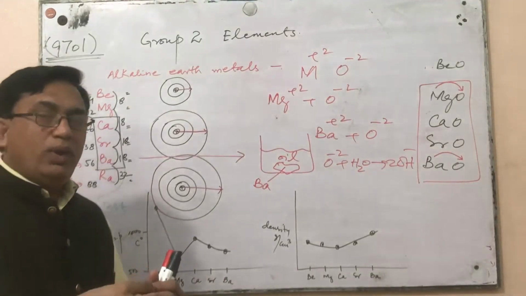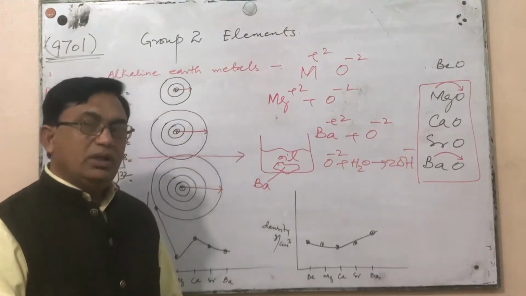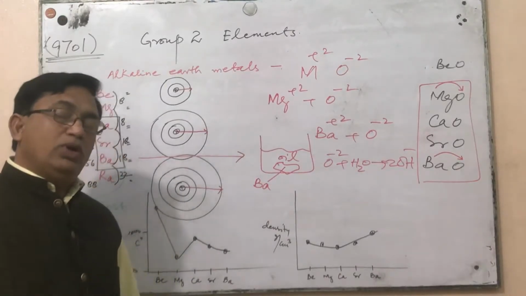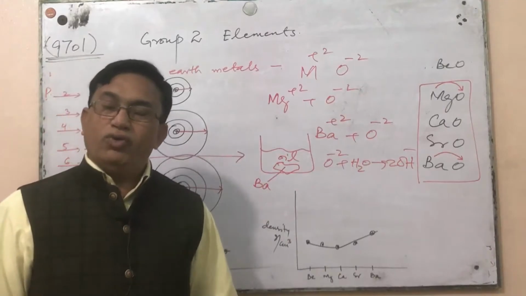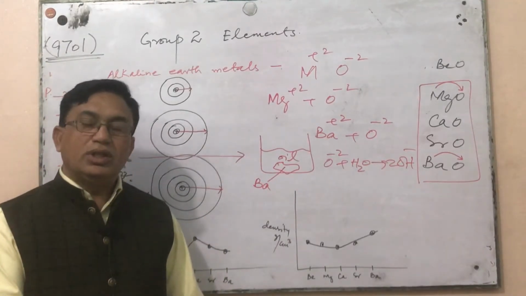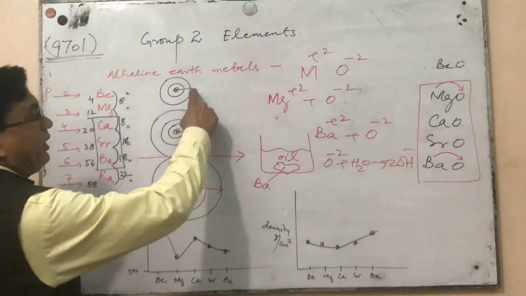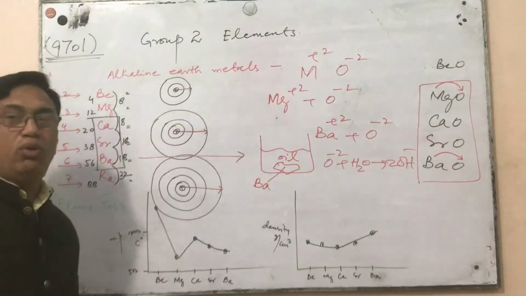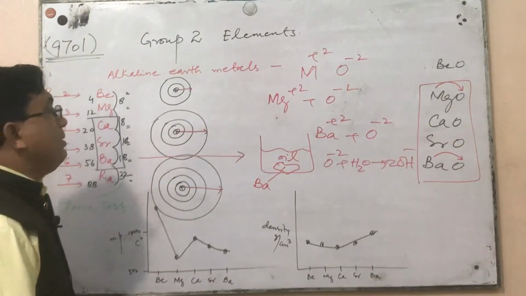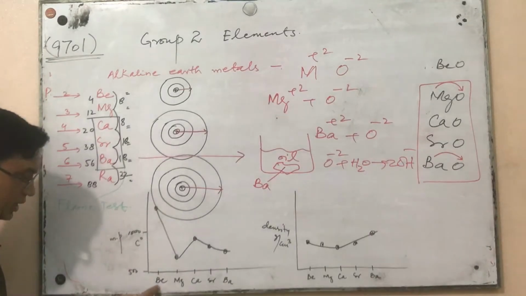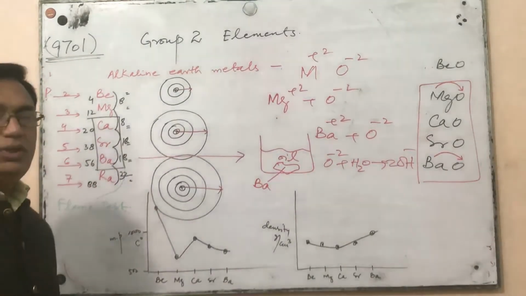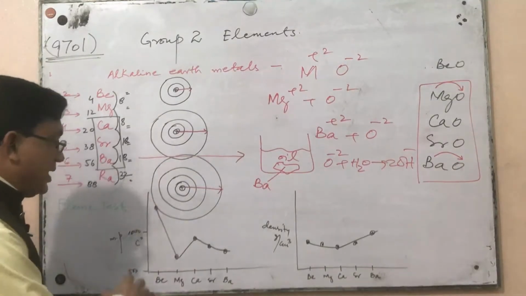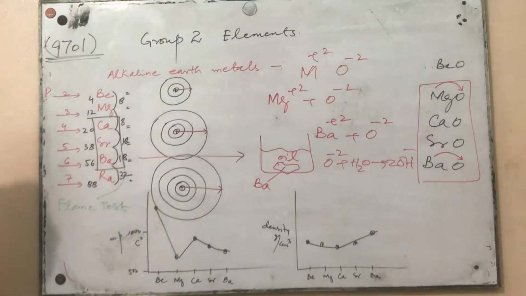Whenever two atoms come close to each other, the distance between two nuclei will be less. All the nuclei will apply force of attraction on electrons. They will have more force of attraction, meaning a higher melting point. That's why the melting point of beryllium is approximately 2000 degrees centigrade.